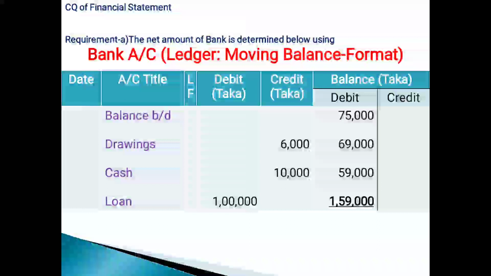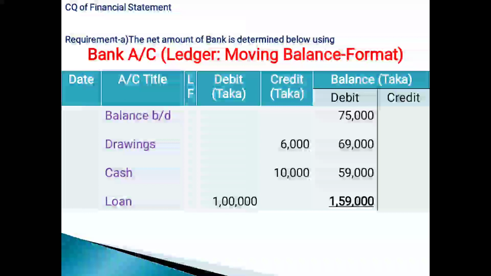And from adjustment, that is income tax paid by check, in this transaction, drawings account debit, bank account credit. So bank is credited for this transaction. The opposite account of drawing is to be written in account title column, and Taka 6,000 is credited.